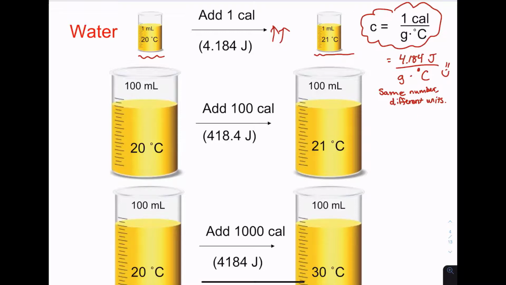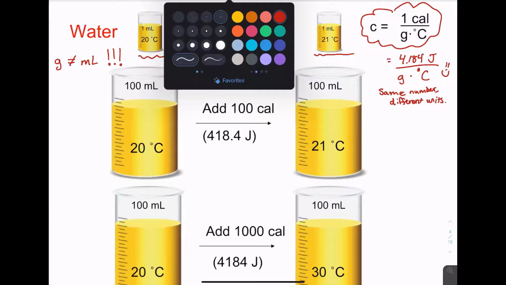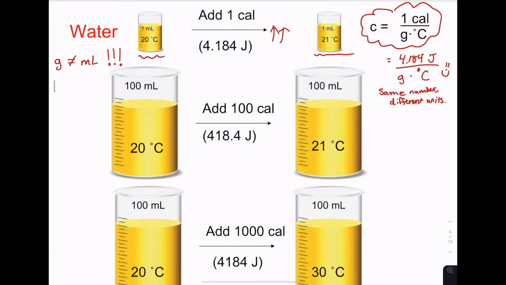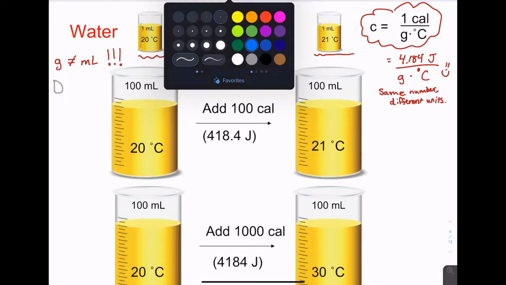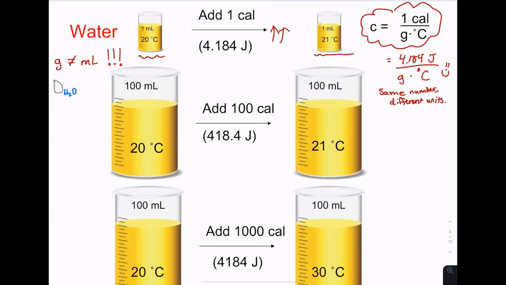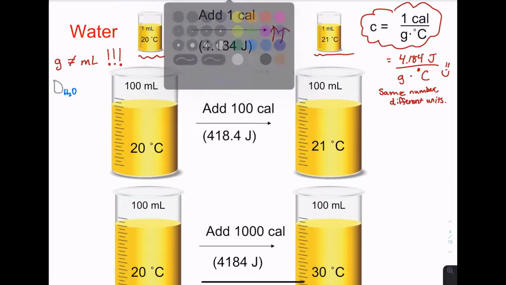Oh, you notice that I switched out of grams and I am now talking about milliliters. That's not appropriate. Grams is not milliliters. That's not okay. But it actually is okay. Sorry. The density of water is roughly equal to 1 gram per milliliter.